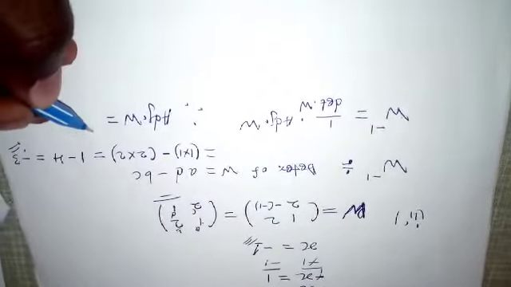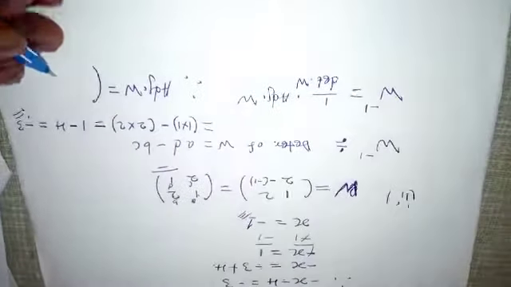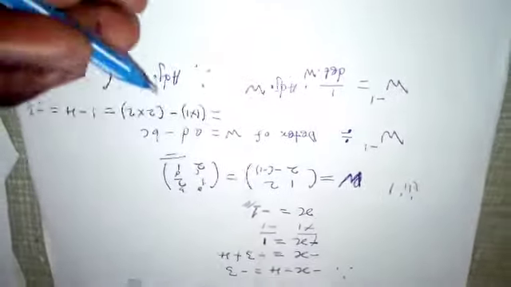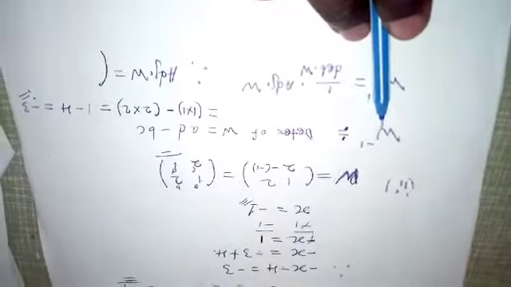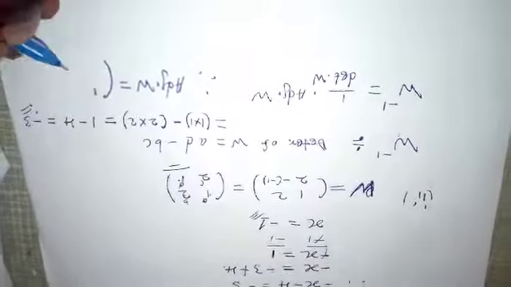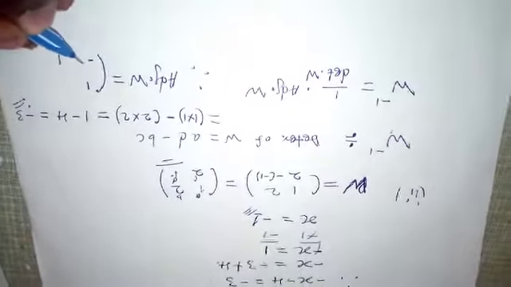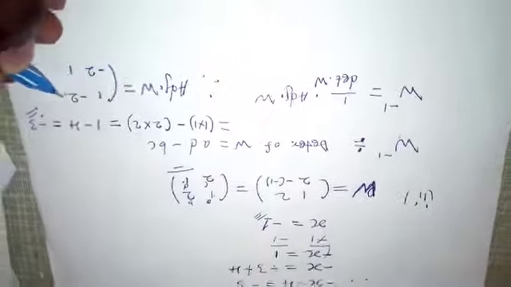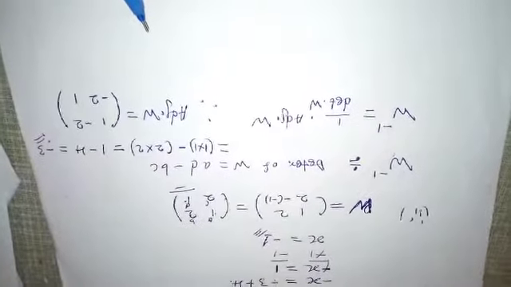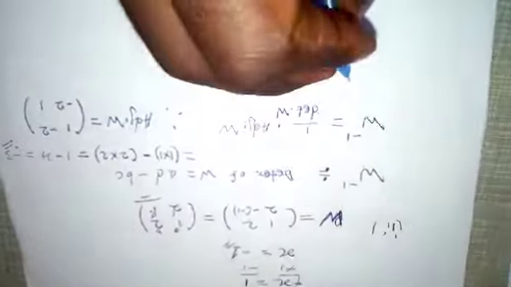Remember, we swap the major diagonal figures. So considering our matrix W, we have 1, 1, and then the minor diagonal we multiply by negative 1. Okay, so this is the adjoint matrix of W.